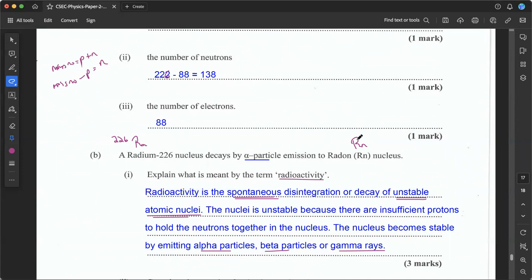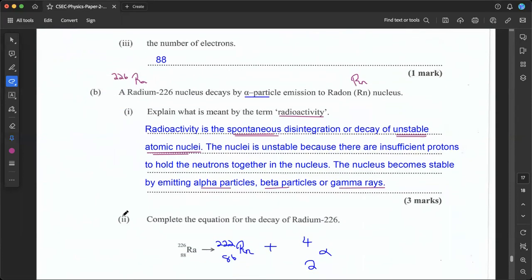Whenever there are unstable atomic nuclei, they give off either alpha, beta, or gamma rays, and as a result of that, they become more stable, right? All right, so that's all for 3 marks. If we captured all of this, we'll be good, right? For our entire 3 marks.